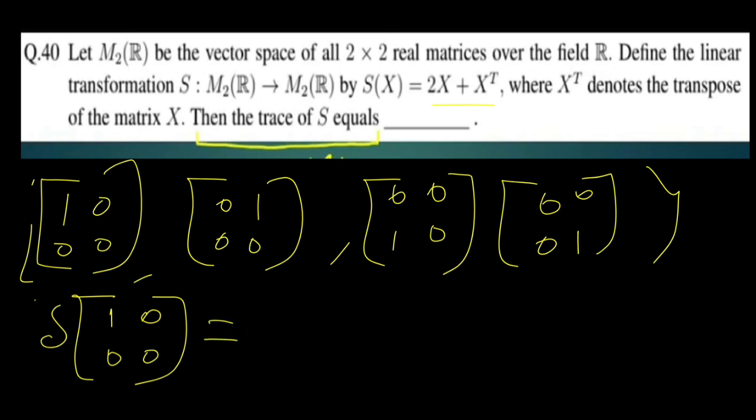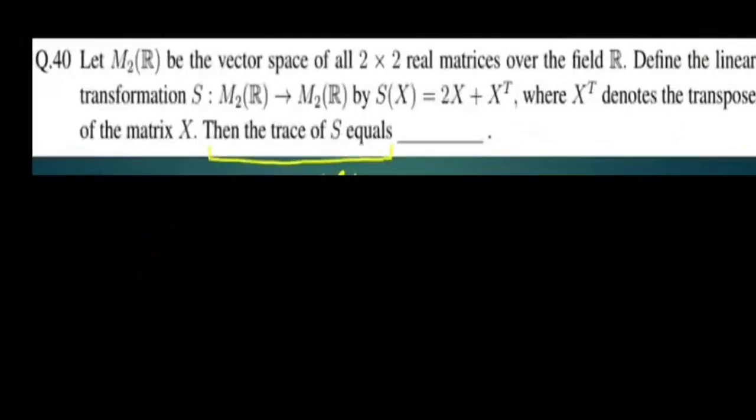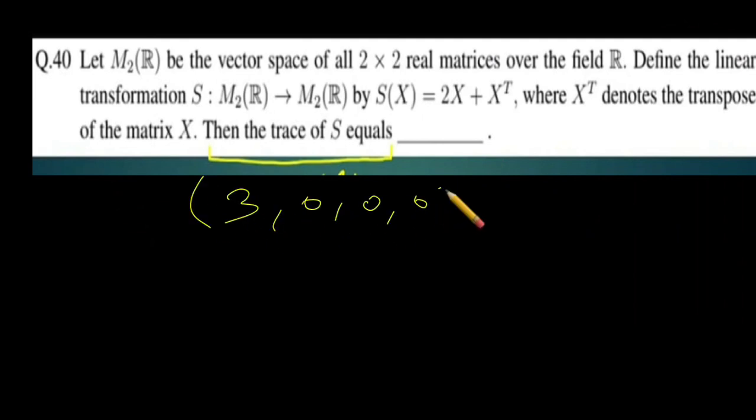Then we get 2 times 1 0 0 0 plus x transpose, which is again 1 0 0 0. The sum of these two matrices is 3 0 0 0. Then changing to coordinate form, the first column of the matrix representation is 3 0 0 0.